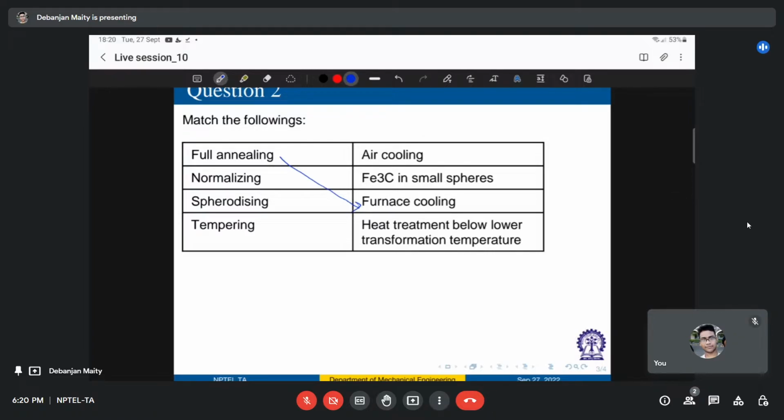Annealing is basically, as I was saying, to soften the material after it has been hardened, right?